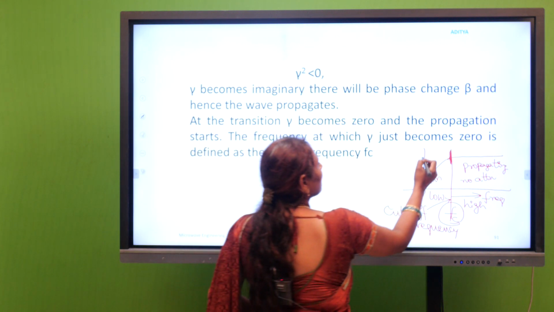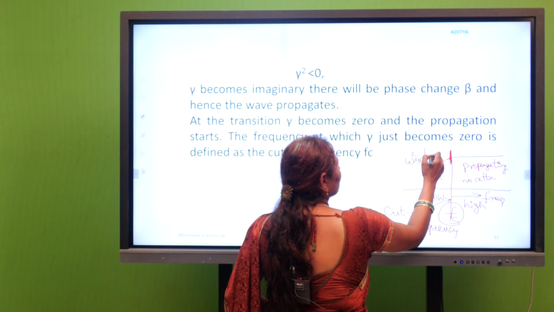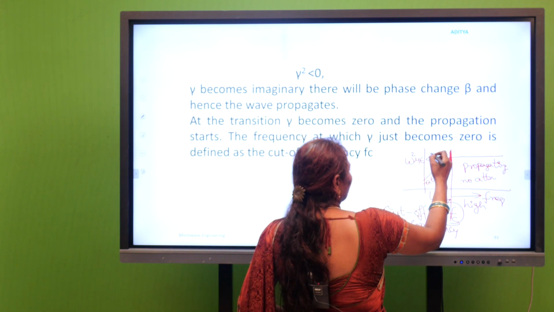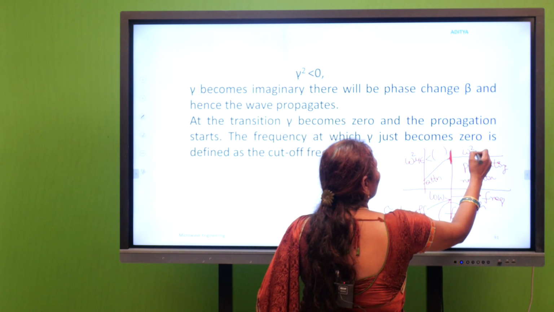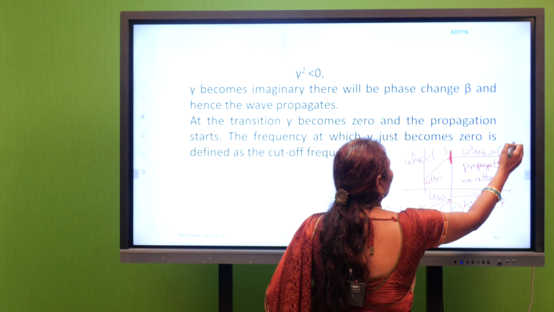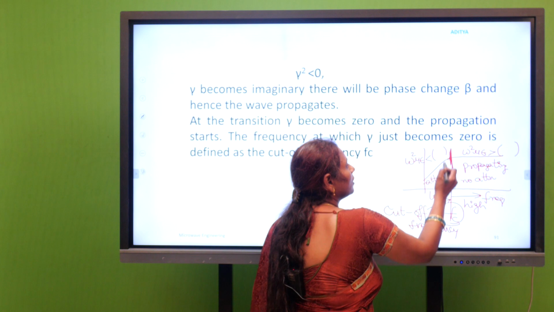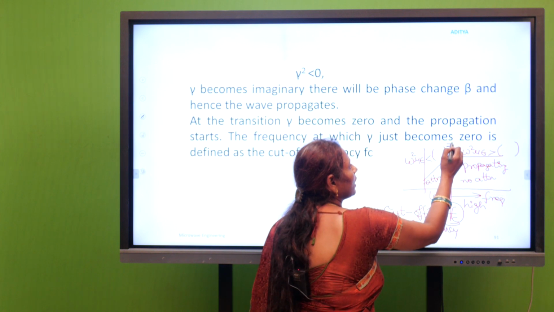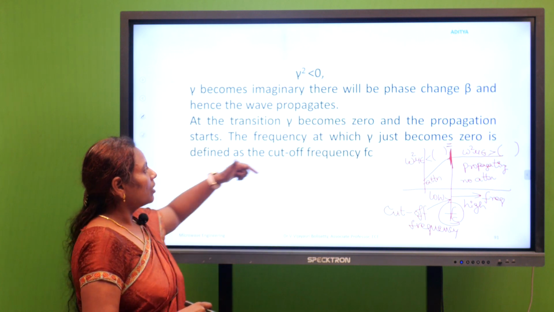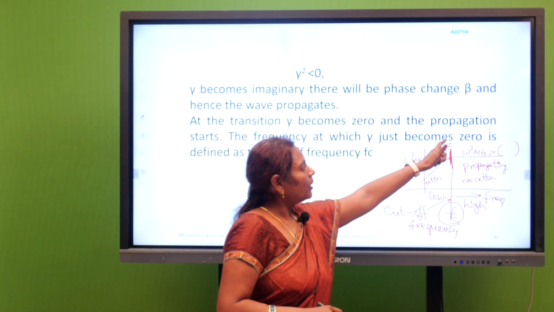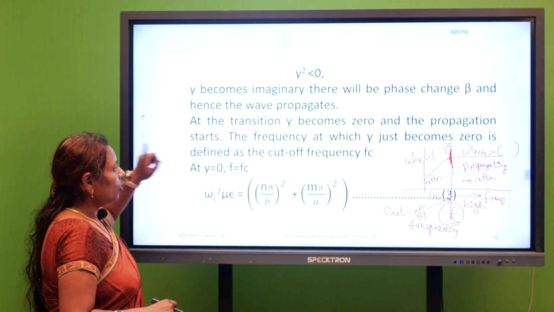So here this is the case where omega is small, omega square mu epsilon is less than (m pi by a) whole square plus (n pi by b) whole square, and here omega square mu epsilon is greater than (m pi by a) whole square plus (n pi by b) whole square. So at this transition, this condition is going to be equal. That means at the transition omega square mu epsilon will be equal to (m pi by a) whole square plus (n pi by b) whole square.